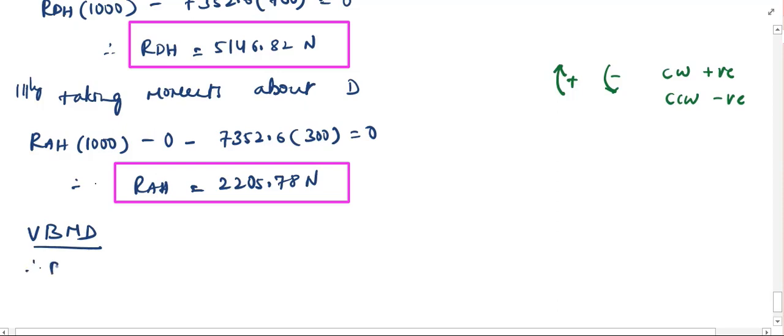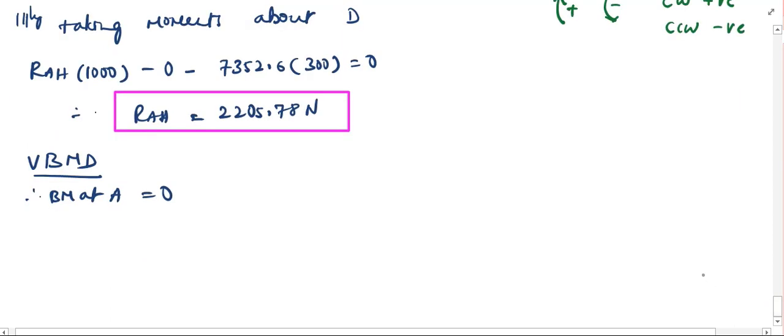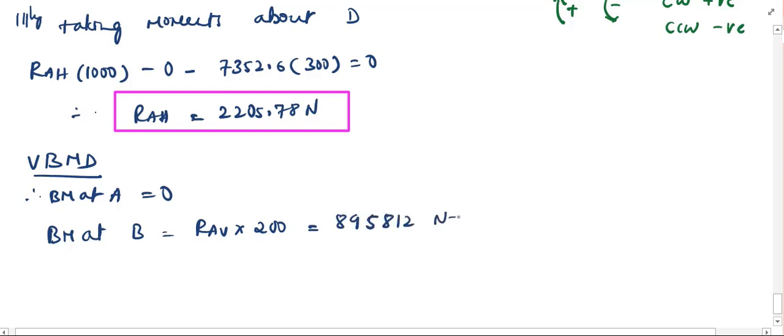So therefore bending moment at A is equal to 0, because bending moment is force into perpendicular distance. We don't have any distance, though we have a reaction, so the bending moment will be 0. Bending moment at B is equal to the reaction force RAV into 200. So that will be 895.812 Newton mm.